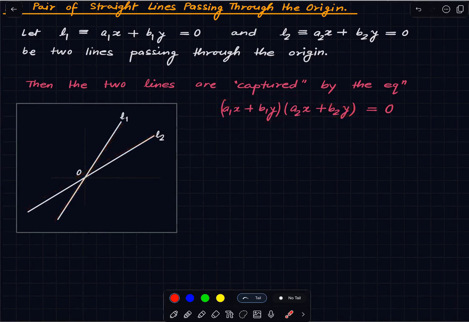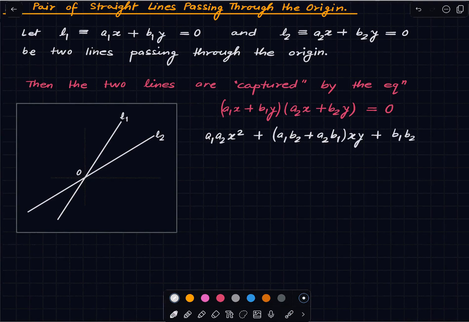All right, so this captures a pair of straight lines passing through the origin. So we can expand this out and get, so the equation of a pair of straight lines passing through the origin is of this form.